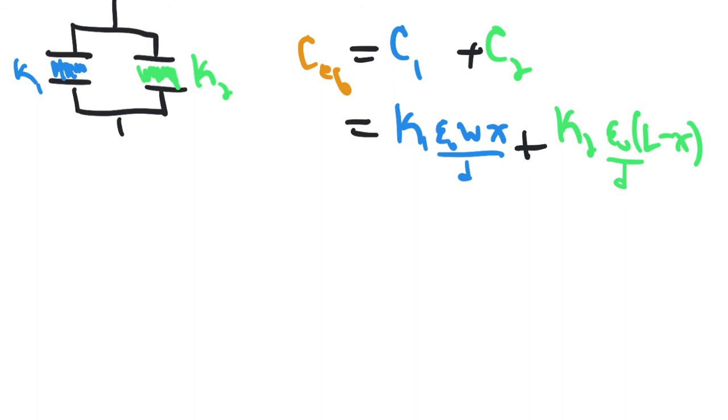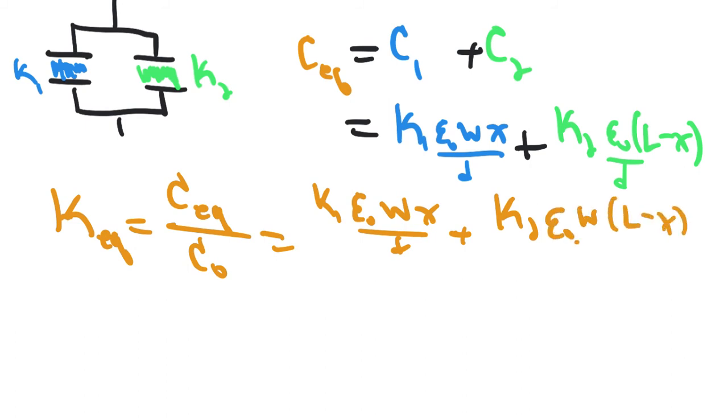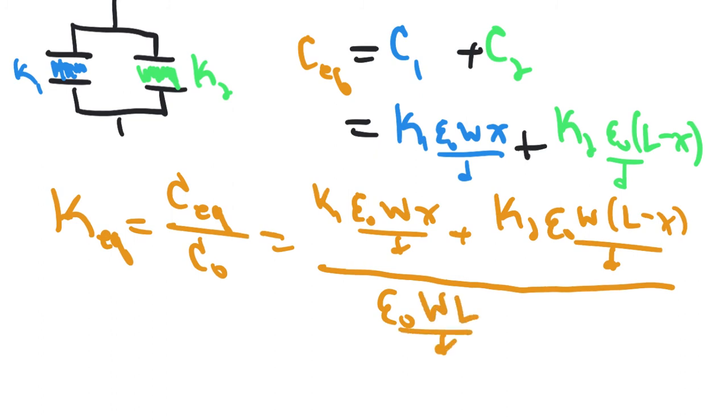But then we know that our equivalent dielectric, well, the dielectric constant is always just the ratio of the new capacitance over the vacuum capacitance. So here it's going to be kappa 1 epsilon naught W x over d plus kappa 2 epsilon naught W times L minus x over d, over the original capacitance in the vacuum, which was epsilon naught W L over d.